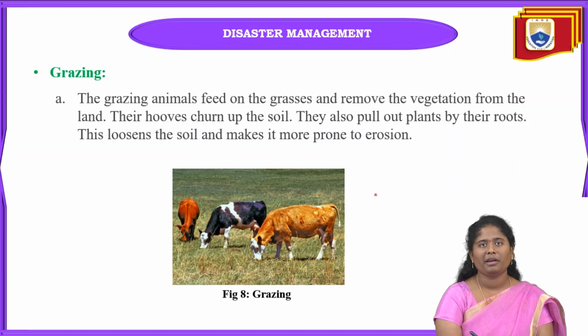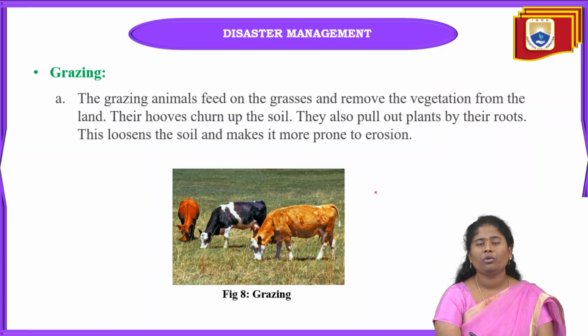And next one is grazing. Grazing is nothing but the feeding of livestock on agricultural feeds or on vegetation. Why? Because when animals graze on these grasses, that will remove the overall vegetation from that land.